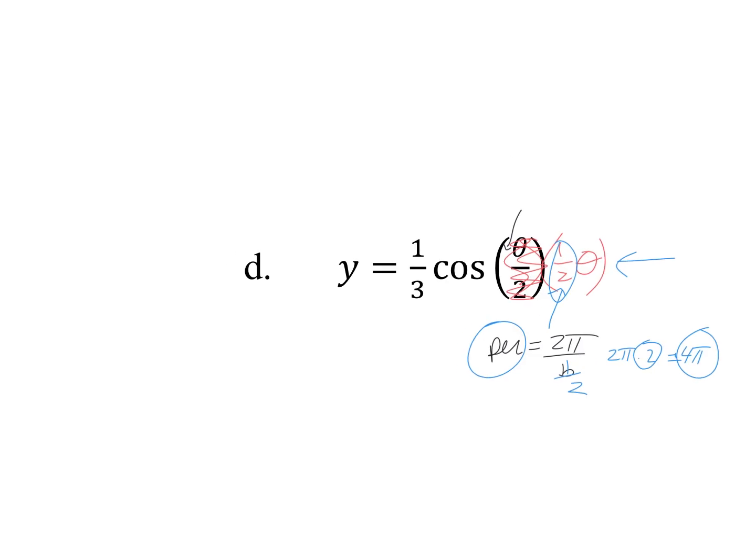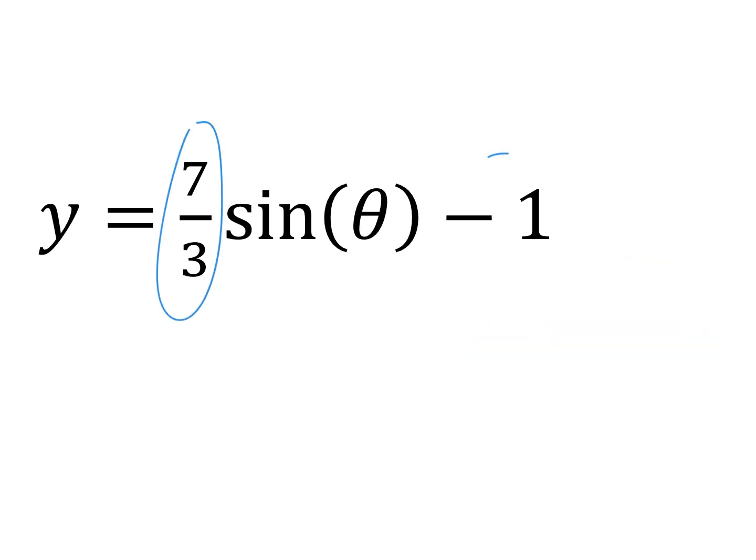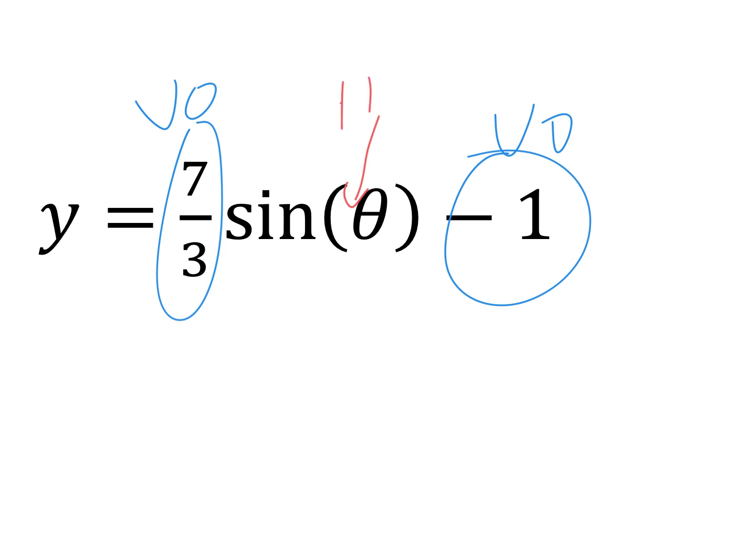Okay. Next thing, if you look at this, for example, that's on the outside and that's on the outside. Would you please circle these and put VO? What the heck does that mean? Vertical on outside. Okay. Then, there's nothing on the inside, but if there was, it would be a HI.